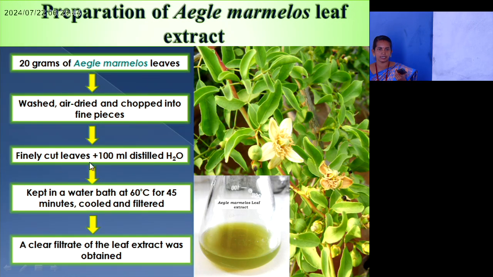Then the chopped leaves were dissolved in 100 ml of distilled water and placed in a water bath for 45 minutes. After collecting the extract, I filter it, and the obtained filtrate is used for nanoparticle synthesis.